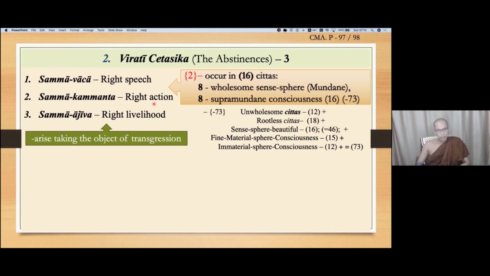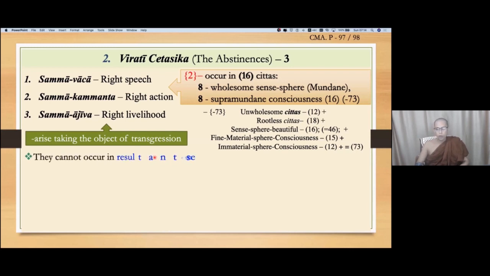So when he deliberately abstains, the wholesome consciousness arises. At that moment, that wholesome consciousness and the associated mental factors take the object of transgression to abstain, so not killing, so the object. That's why the viridity, whenever they arise, they take the object of transgression. And then keeping this information, we will continue.